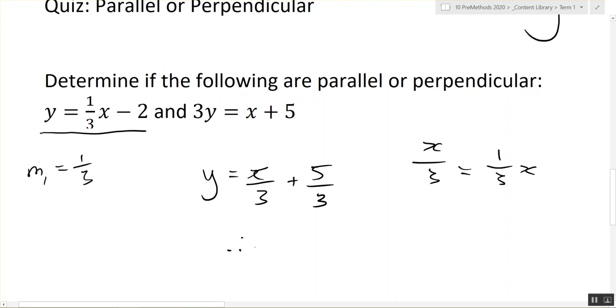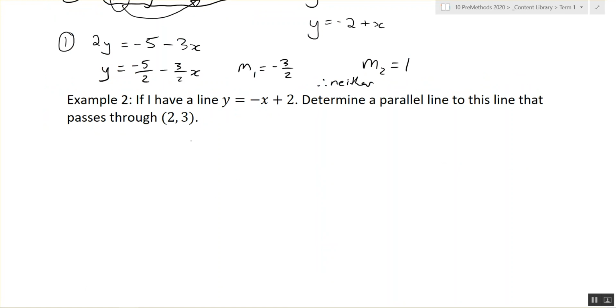Therefore, M2 equals 1/3. Therefore, M1 equals M2. Therefore, parallel. Exact same, and then just put the other values and solve the y-intercept.